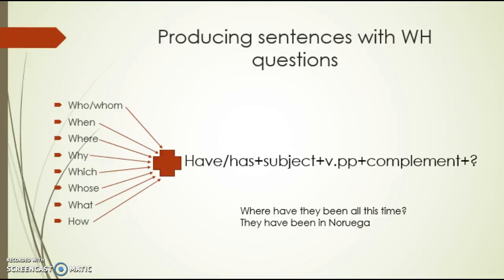So the practice activities in the classroom may be based on these three elements of the present perfect tense. They may be based on the experience of the students, about change over time, because we also use the present perfect to talk about change that has happened over a period of time, or about accomplishment.